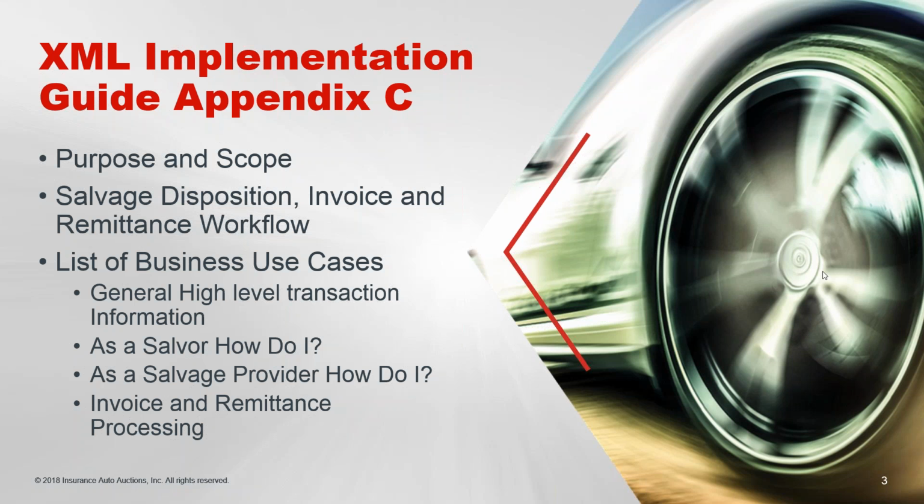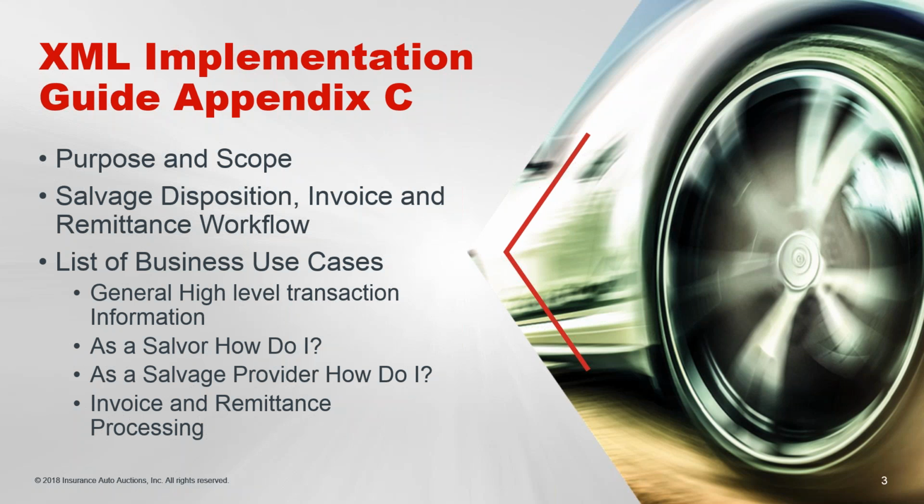And the disposition cancel are the 3 main messages that a salvage provider would be sending to a salver like IAA. From IAA's point of view, there's really only one transaction, which is the disposition status message. That's part of the normal day-to-day business flow. But that transaction encompasses 30-some plus business functions that we can report back to the salvage provider.